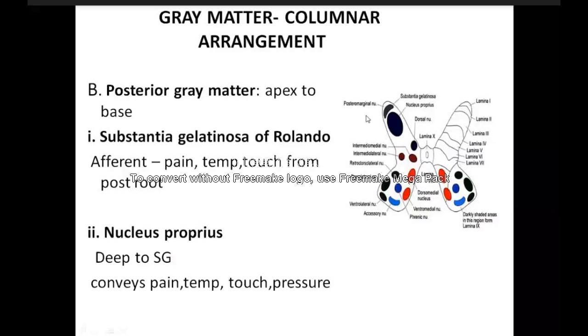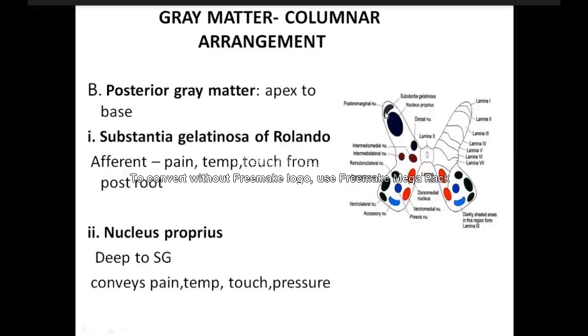And the anterior horn was all motor in function, whereas this part is sensory in function. So it mainly conveys sensations like pain, temperature and touch. The pain, temperature and touch are from the substantia gelatinosa of Rolando.